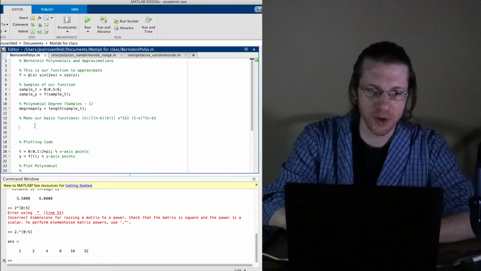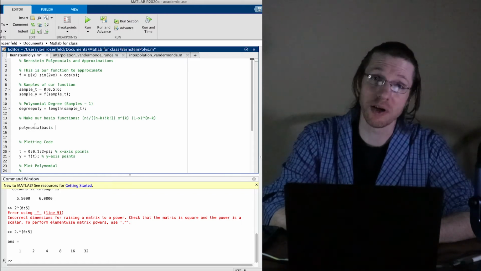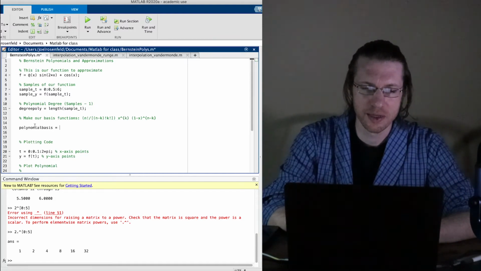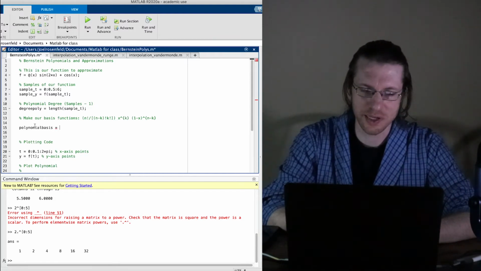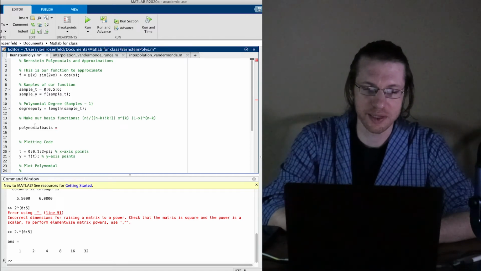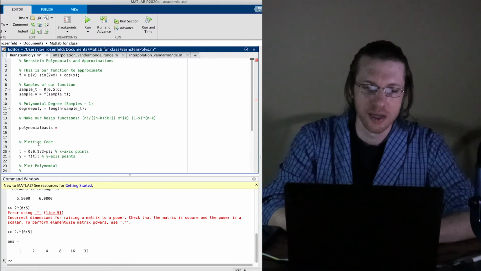So we're going to make a polynomial basis, a vector of functions. I'm going to try and make it a column vector, but I think it's really going to end up being a row vector, but that's fine. We can manipulate things to get what we need.